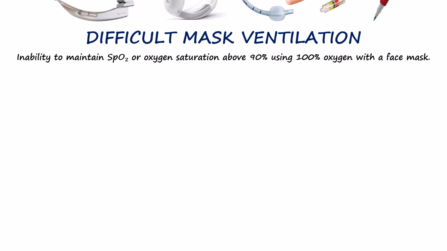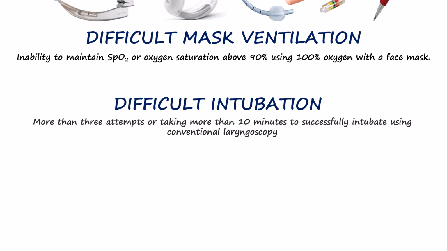And difficult intubation is defined as requiring more than 3 attempts or taking more than 10 minutes to successfully intubate using conventional laryngoscopy. The incidence of difficult bag mask ventilation is reported to be between 1.4% and 15%, while difficult intubation ranges from 5% to 8% when using a standard laryngoscope.